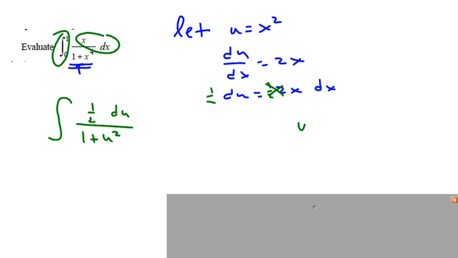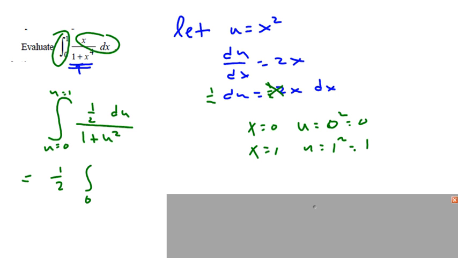So when x equals 0, u equals 0 squared, which is 0. And when x equals 1, u equals 1 squared, which equals 1. So now we have this entirely in u. It actually didn't change the limits, but we can be convinced that we're doing it right. And so this equals 1/2 the integral from 0 to 1 of 1 over 1 plus u squared du.